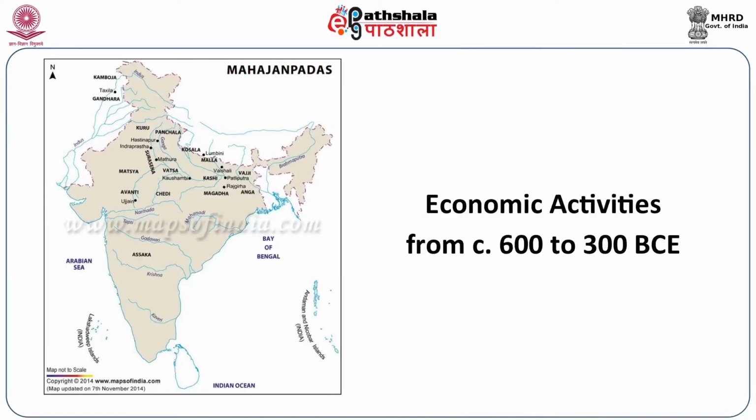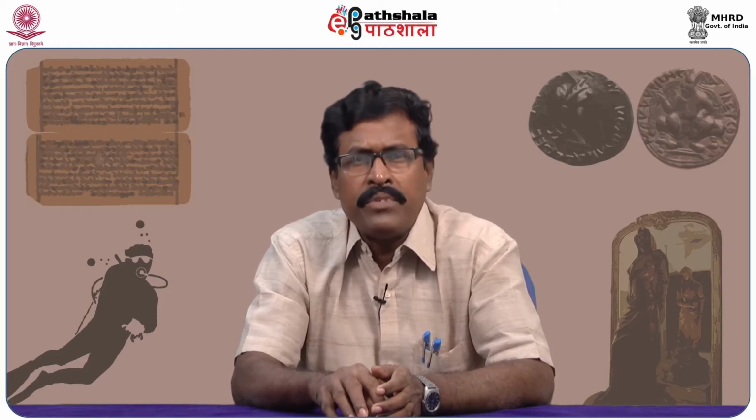Now, economic activities from 600 to 300 BCE. Up to 600 BCE, what do we get? In essence, in a nutshell, we can say that early Indians economically organized geographical spaces in order to produce both agricultural as well as non-agricultural products in order to survive at the physical level in life.